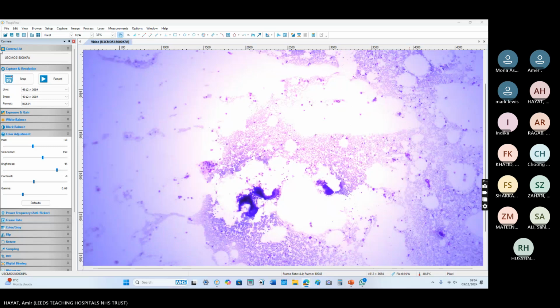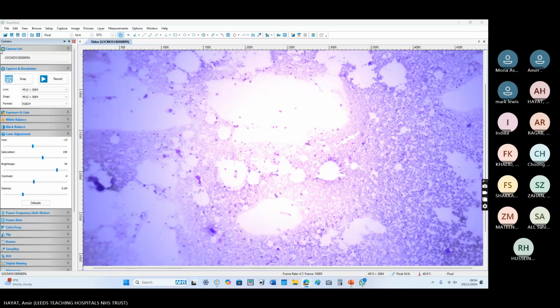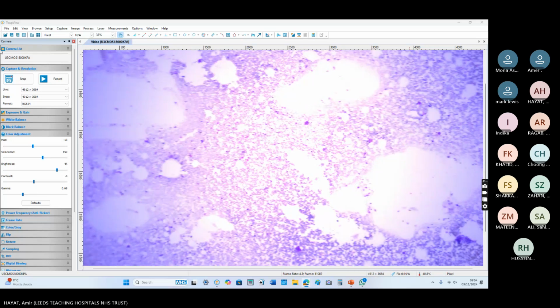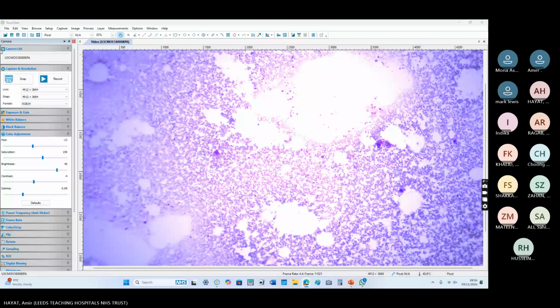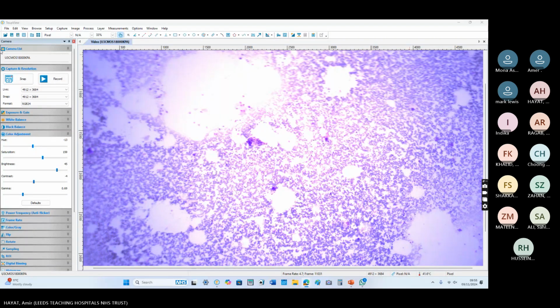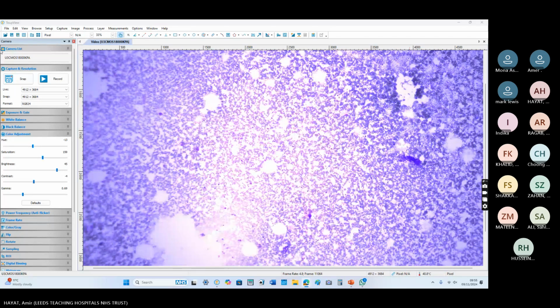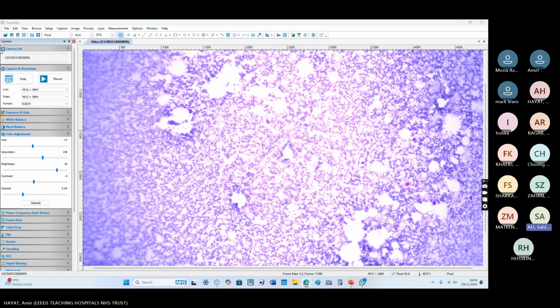Right. So why would they have done a bone marrow biopsy for bicytopenia, to exclude what? This is power 4. Sorry, what is the age of the patient, please?